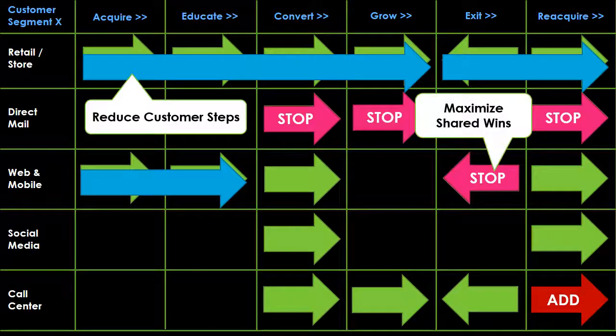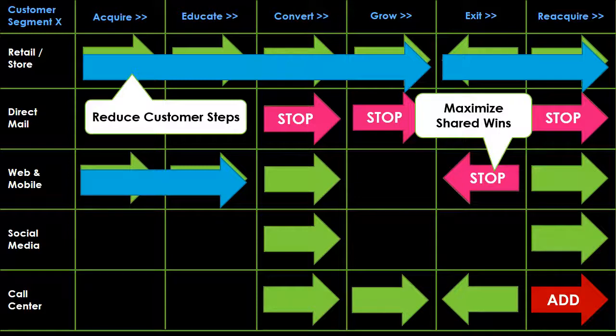Another one I mentioned was maximize shared wins. Let's say you have a situation, and this is just an illustration, where direct mail, even though it is an actual touch point, has a very low conversion ratio. And let's say it's also not a preferred medium for the customer. So remove it and don't use it.